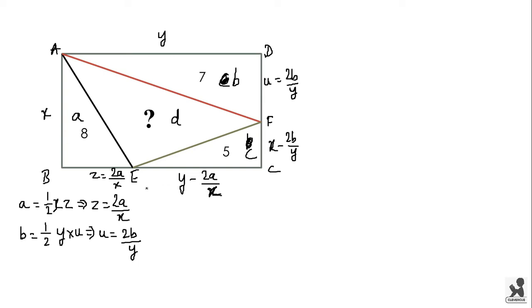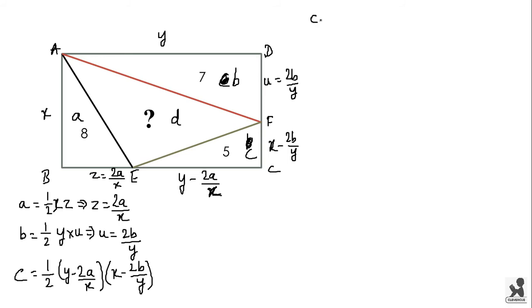I hope you guys understood. Now let us calculate the area of C, that is triangle EFC. C will be equal to 1 by 2 into y minus 2a by x, that is the base, and height x minus 2b by y. Let us solve this.